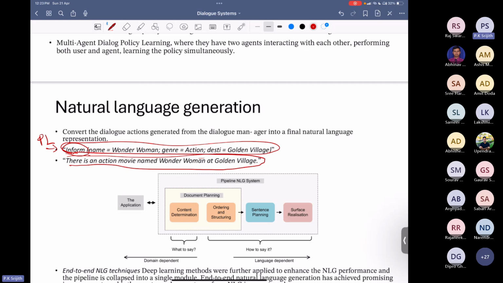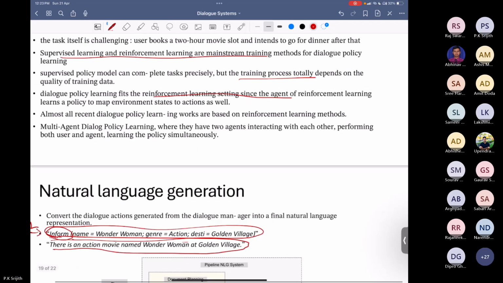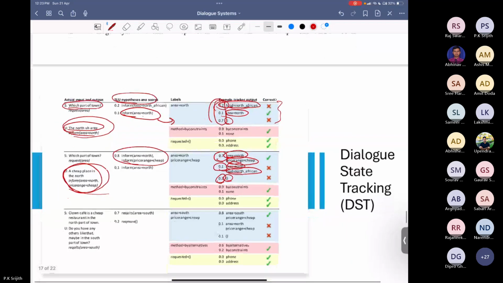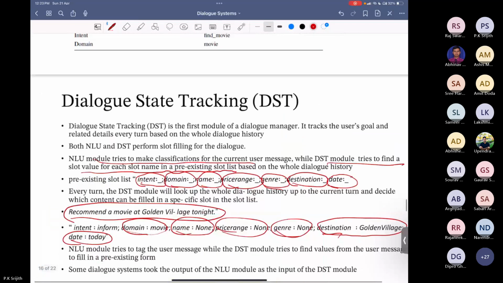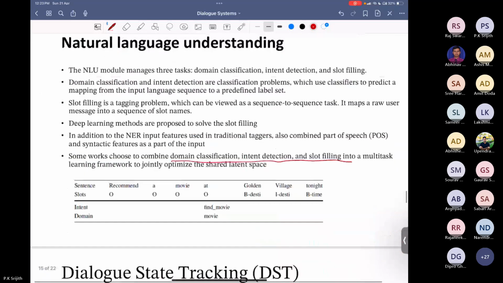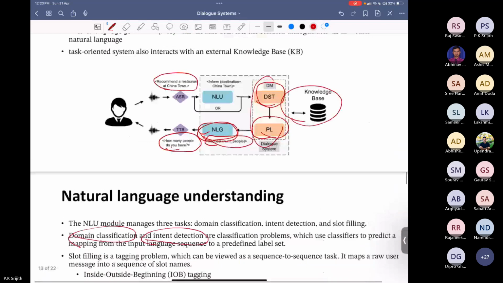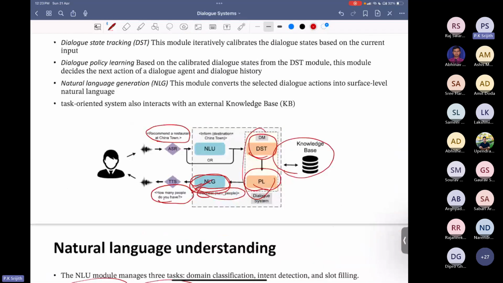Sometimes the PL module can generate different kinds of actions. For example, if you look at this example, what the PL module has generated is some action like request NumPy.